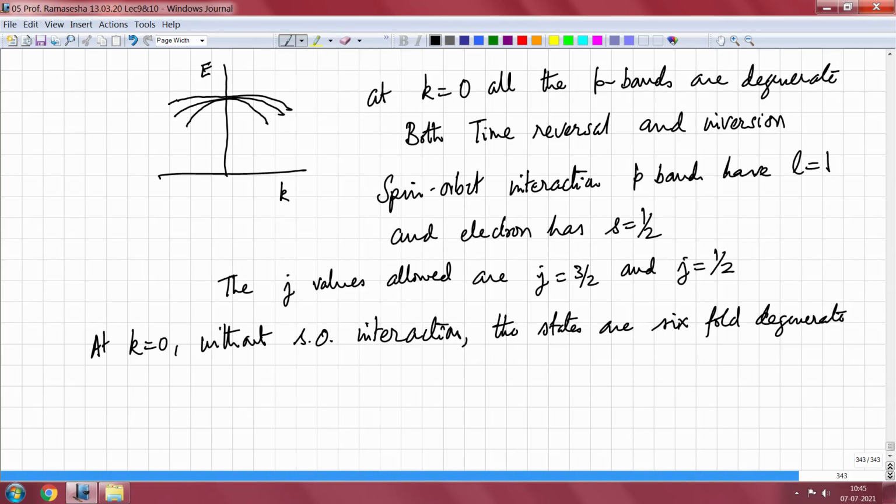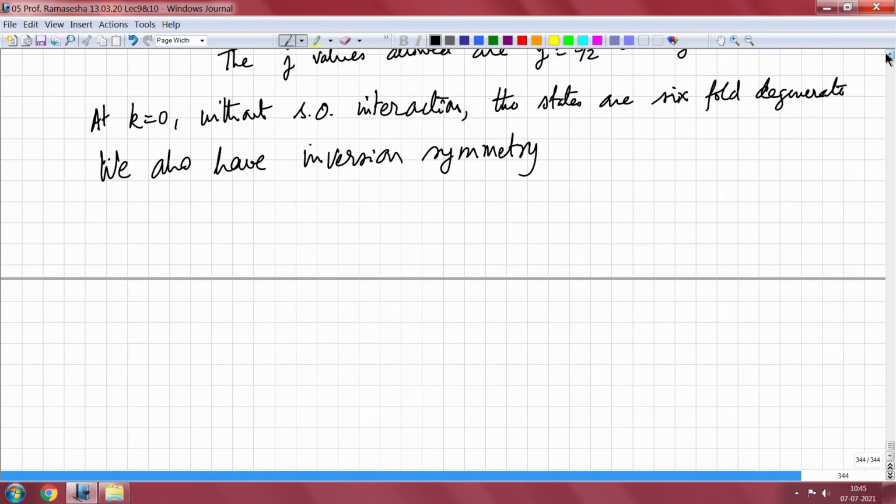Now when I have spin orbit interaction, J equal to 3 by 2 and J equal to half will be split, and let me also assume that we also have inversion symmetry. So then in that case the bands will look like this.